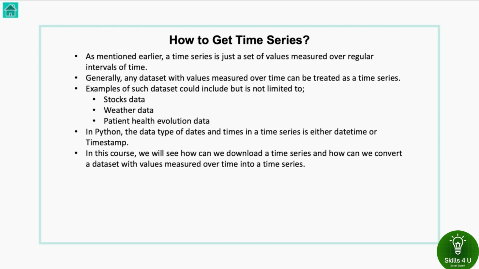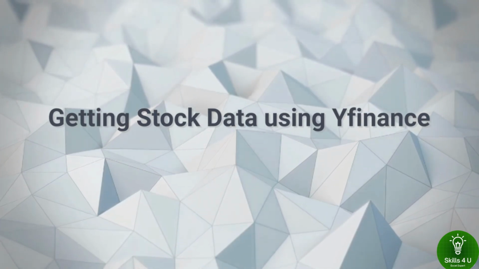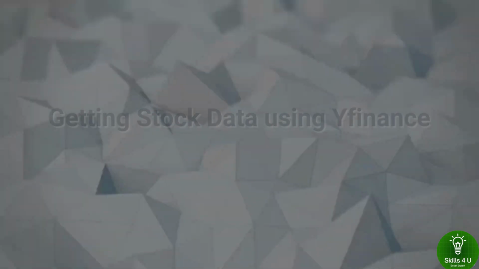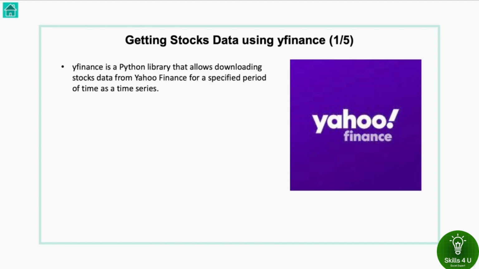In some cases, for example, for the time series of different stocks, we can download a time series directly within our Jupyter Notebook using libraries such as yfinance. yfinance is a Python library to download stocks data.